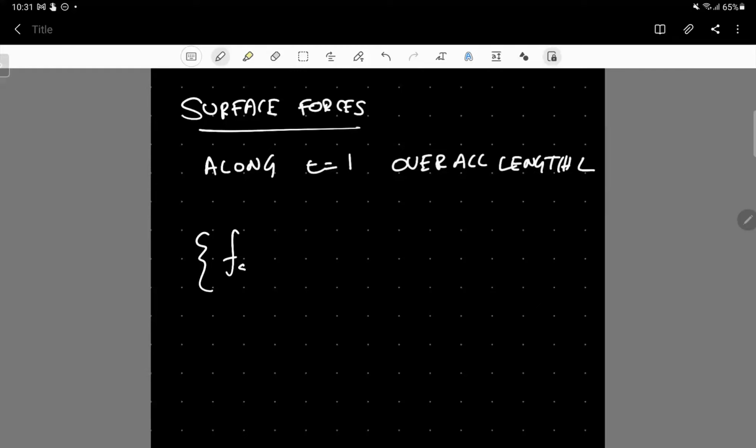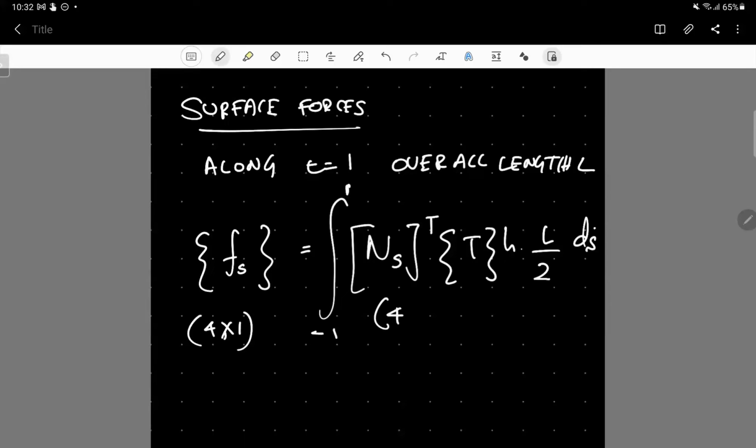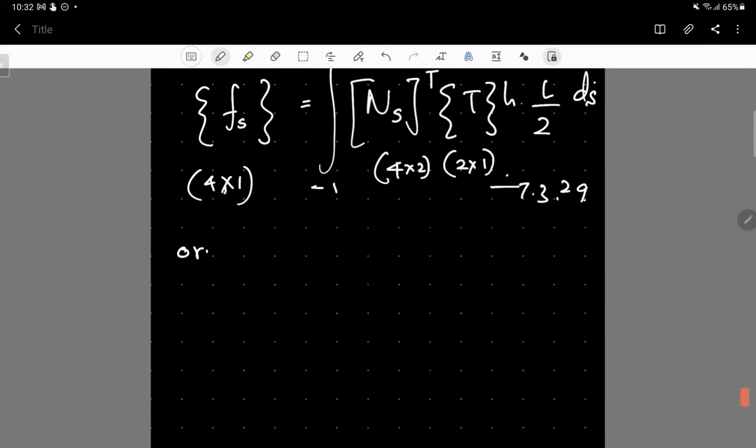The surface force matrix now transforms to the corresponding traction forces, H L by 2, ds, which has to be integrated over the domain -1 to 1. This is again a 4 by 2 matrix, which has to be multiplied by a 2 by 1 matrix.